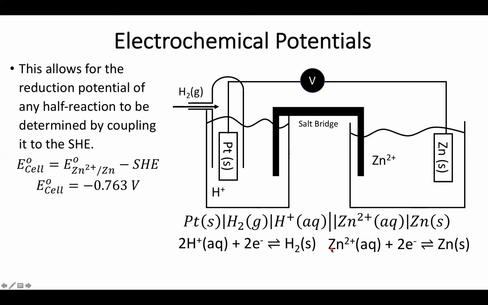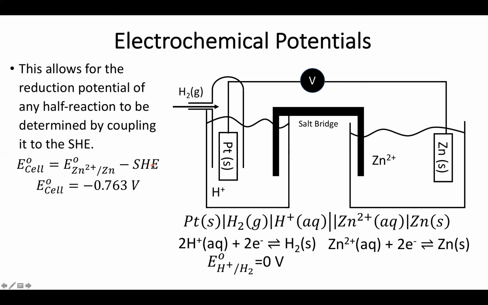And again, note I'm reporting both of the reactions as reduction reactions here. And so I can get the potential for this cell by taking my cathode, in this case, the zinc reaction, minus the standard hydrogen electrode potential. And if I measure this potential at negative 0.763, well, I know that the standard hydrogen electrode is 0 volts.